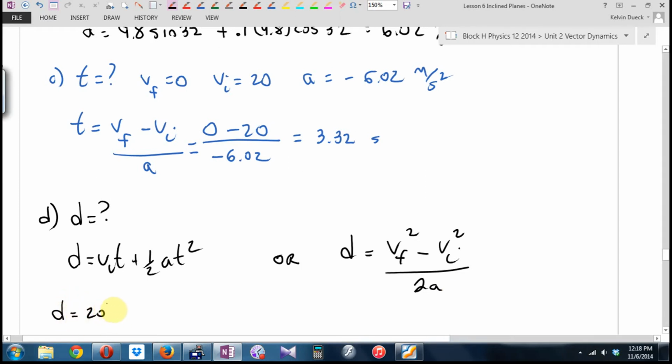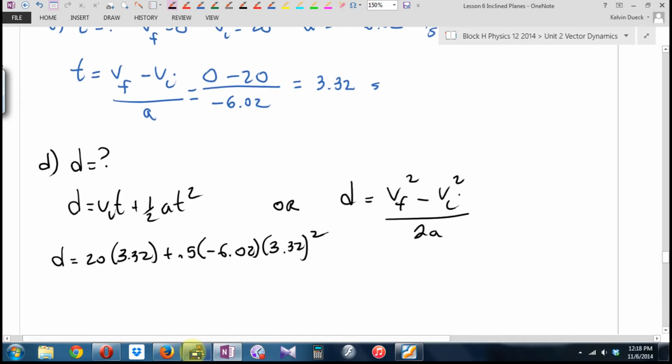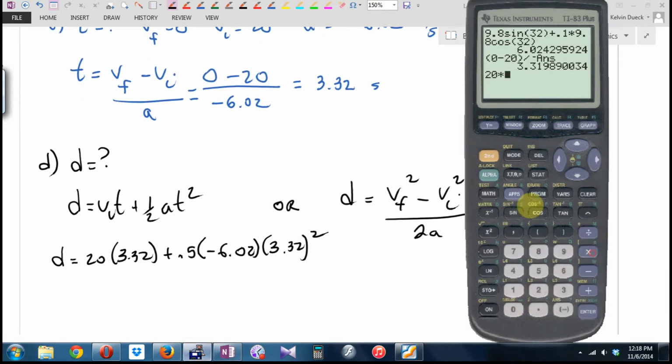VI 20, T 3.32 plus a half negative 6.02, 3.32 squared. 20 times answer button plus a half times negative 6.02 times answer button squared.